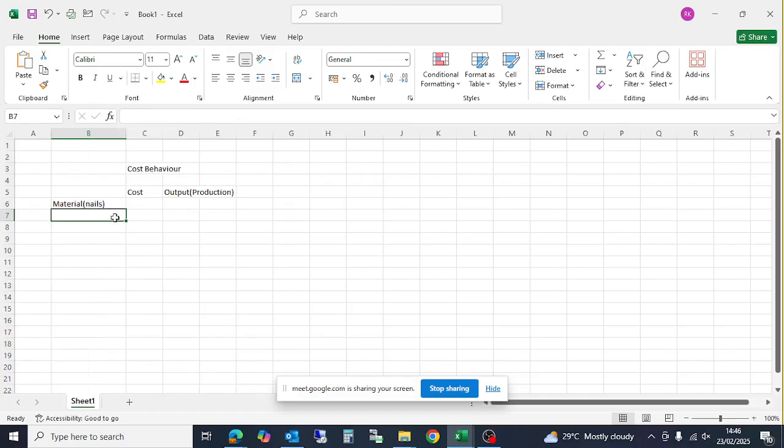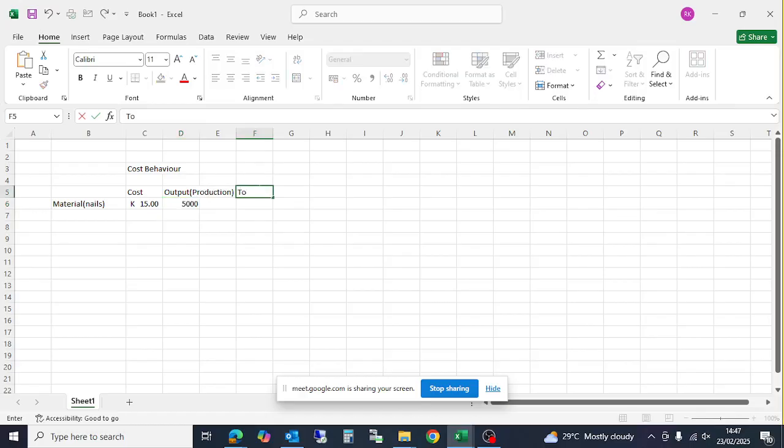So let's say we have a nails material cost. For us to produce one desk, we'll have to spend about 15 kwacha on nails. What we are aiming for is 5,000 desks.